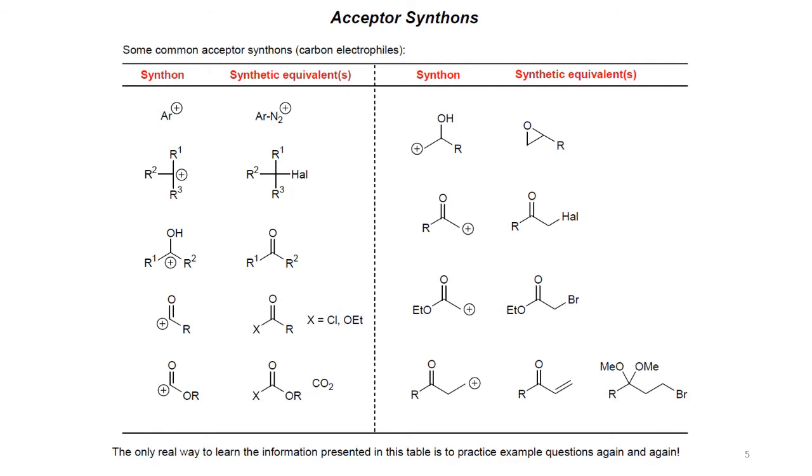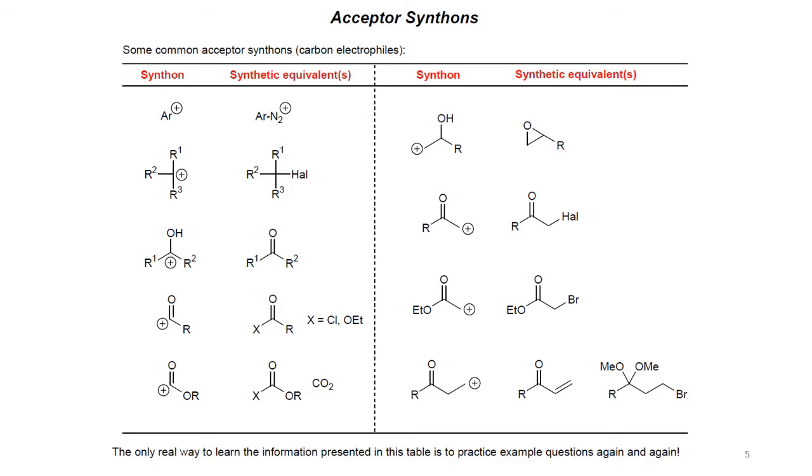And then if you have another synthon here, like I said before, if you have carbon next to OH and it is plus charge, the synthetic equivalent will always be a carbonyl. This C plus OH will turn into C double bond O. And then if you have C double bond O with plus, you need to complement it with something negative to neutralize the molecule.